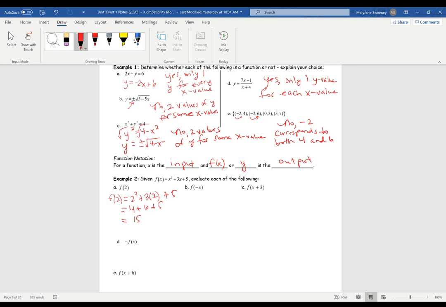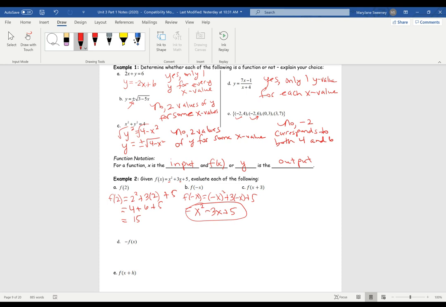F of negative x means put a negative x in everywhere you see an x in the equation. So everywhere I see an x up here, I'm putting in negative x. So that'd be x squared minus 3x plus 5.